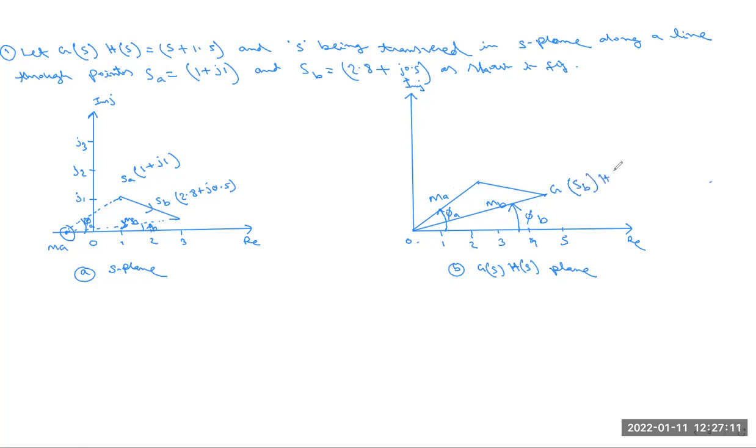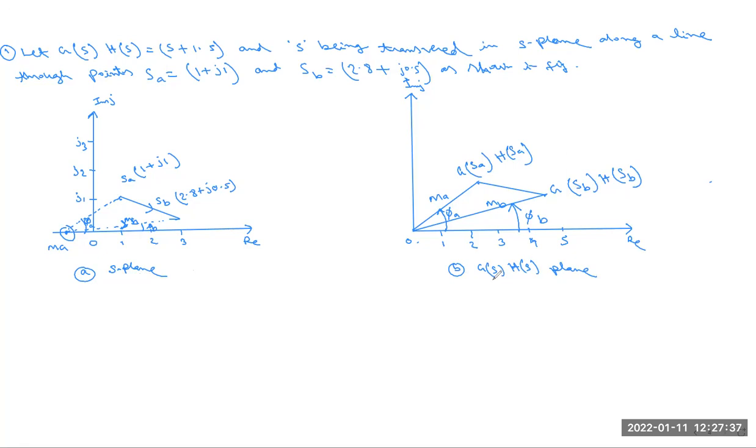SB and H of SB. And this is the equation of GSHS. First is G of SA and H of SA. Okay, so these are basically the two planes we have to draw here. One is the S plane, and another one is the GSHS plane.